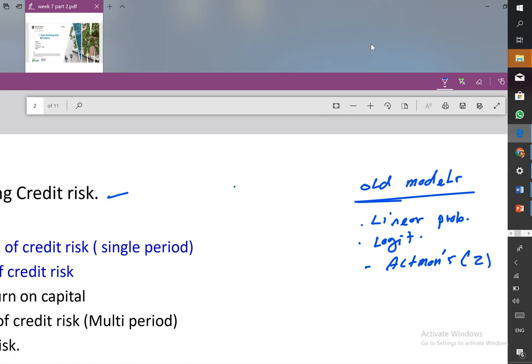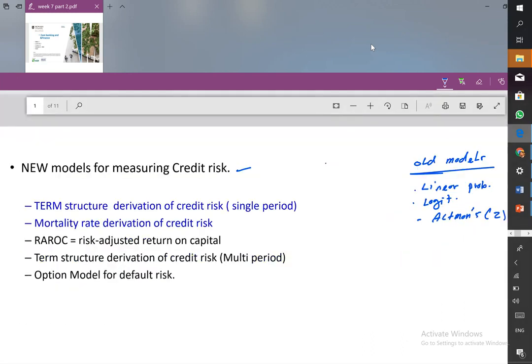Now we move to the new models called the term structure, the derivation of credit risk. This one we will take in this part, and these 3 we will take in week 8.